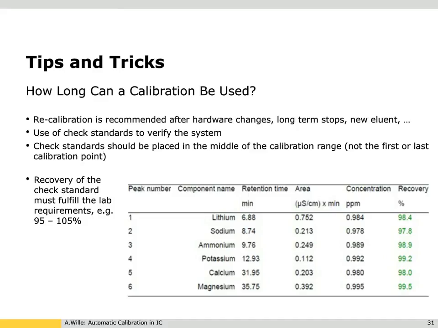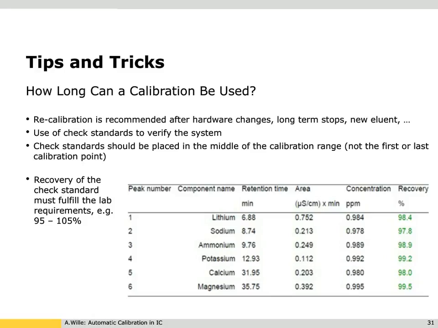For example, between 95 and 105% recovery, then it's fine, then it is not necessary to recalibrate the system. If it is outside of this range, you can program your system in a way that recalibration is done automatically. You see here also in this table with green, you see automatically that everything is within the requirements.